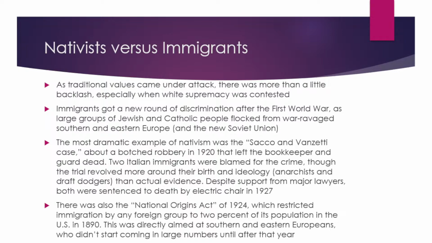So whatever percentage of Europeans were in America in 1890, we can only have a small percentage of that coming over. So mostly Northwest Europeans, mostly English and Irish and Germans and French, not Russians, and Greeks and Poles and all of that.